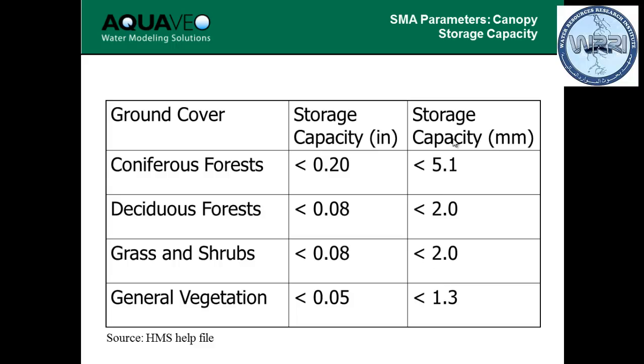These are some values you can use for canopy storage capacity. And so for different types of areas, these are the different storage capacities for these areas. So if you have forests, you have a lot of capacity. If you just have general vegetation, the capacity is a little bit lower.